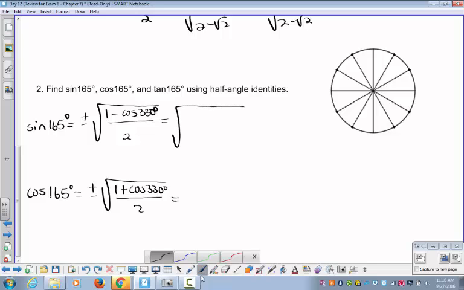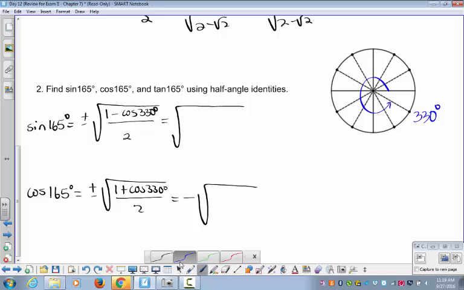Positive, and the cosine will be negative. Yeah, good. All right, so again, for us to use a half angle to calculate with 165, we need to know twice 165. That's what shows up on the right. That's 330. So if we go to a 12-sector circle, 330 degrees is way over there.